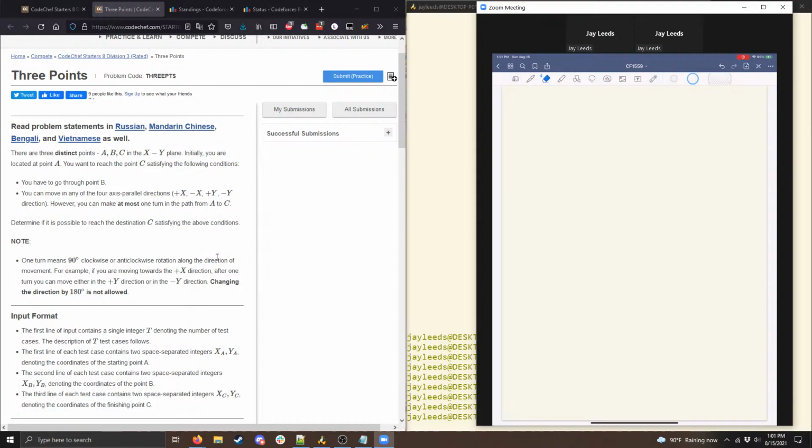So let's think about when this is going to be impossible. First of all, realize that we can go from one point to another while making at most one turn every time. So for example, if we have A here and B here, we can do something along these lines.